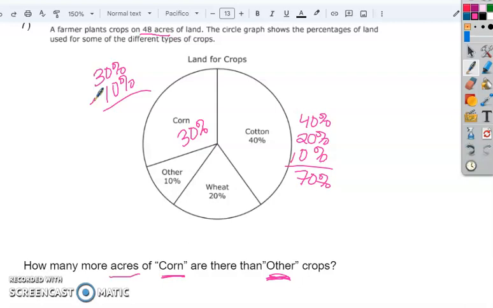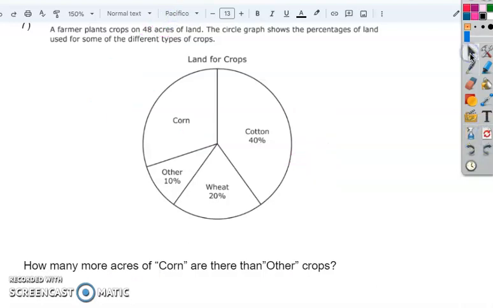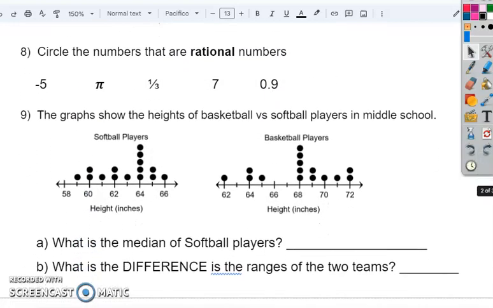Then change the percent to a decimal and multiply. Well, what do I multiply by? Well, it's asking for acres. Well, 48, that's your total whole original. We're multiplying by that. That will answer. That is almost always what you're going to be doing. At some point, you're either applying the percent or you're finding the percent.